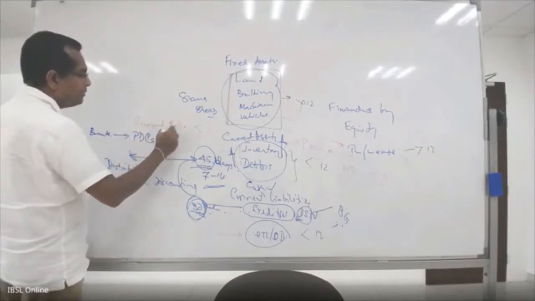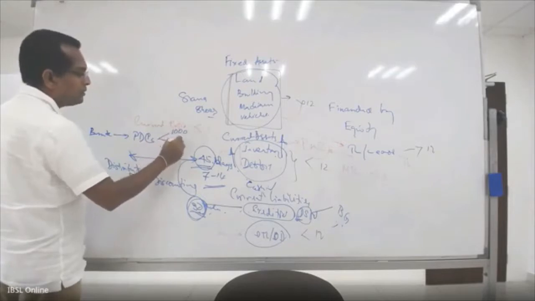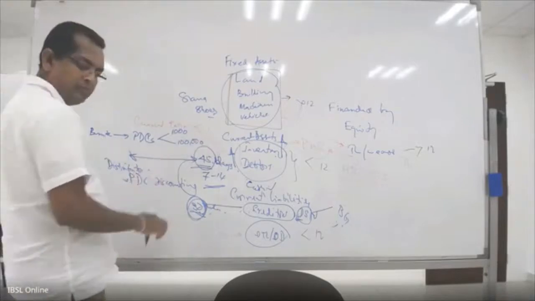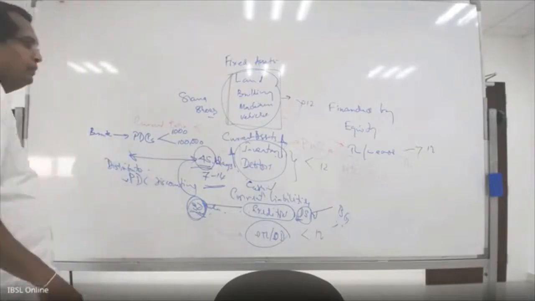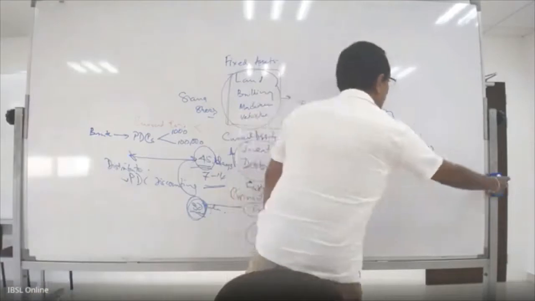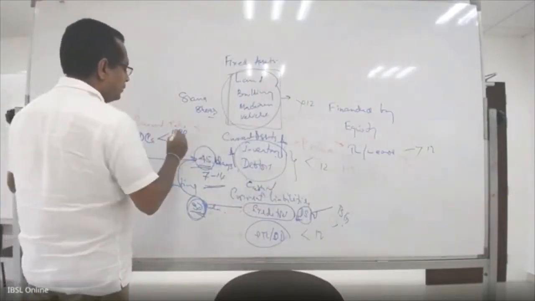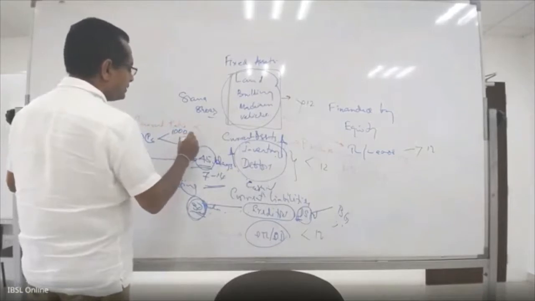We say we have 1,000 PDCs worth 100,000 rupees. Okay? 1 million, we say 100,000 is small. Bank takes these 1,000 PDCs worth 1 million rupees.